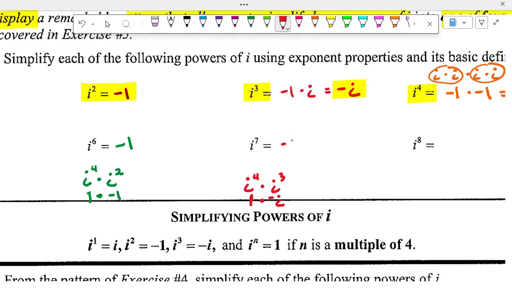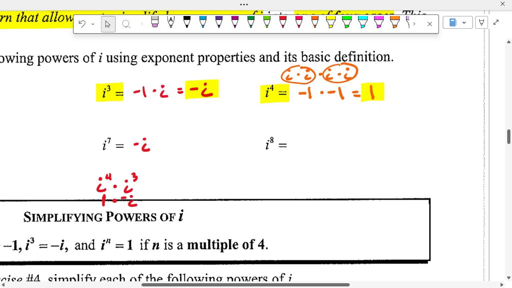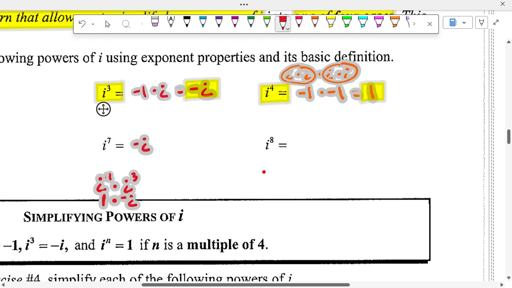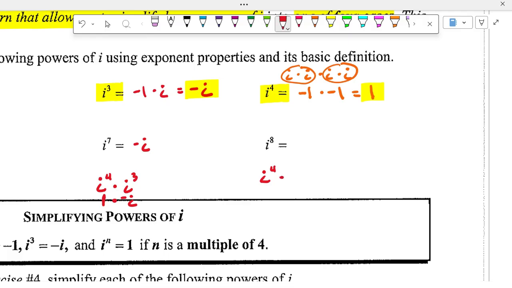Negative I. I to the eighth. So if we start with I to the fourth, how many do I have left over? 4. So we know I to the fourth is both what? 1. So what's 1 times 1? 1.